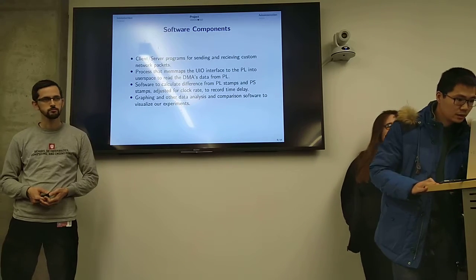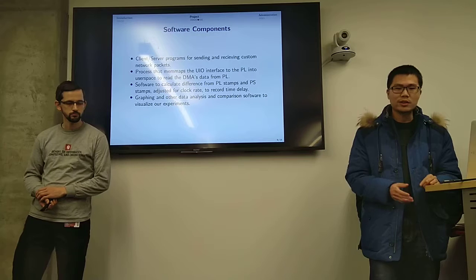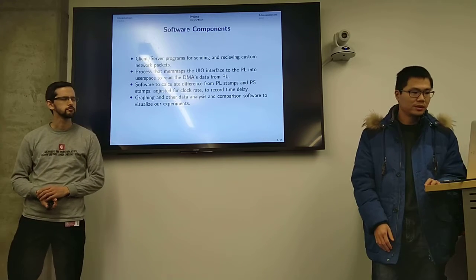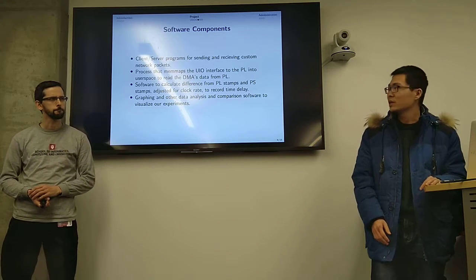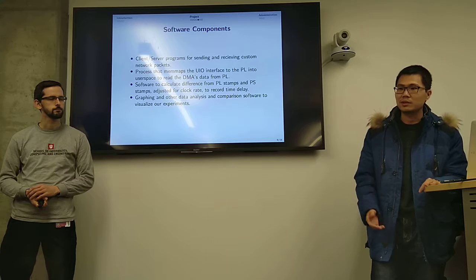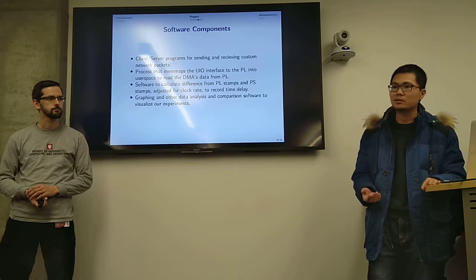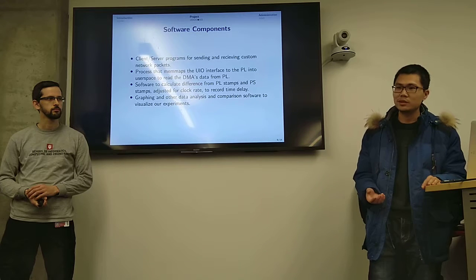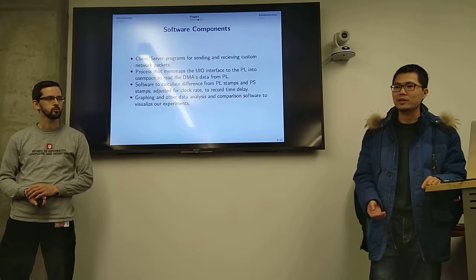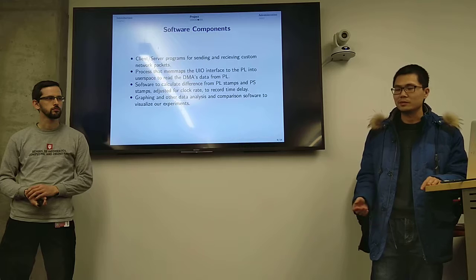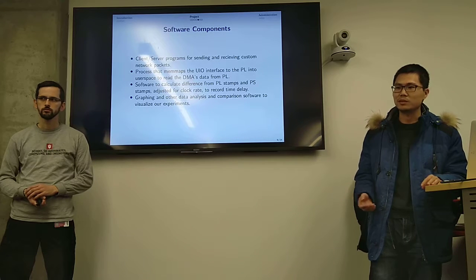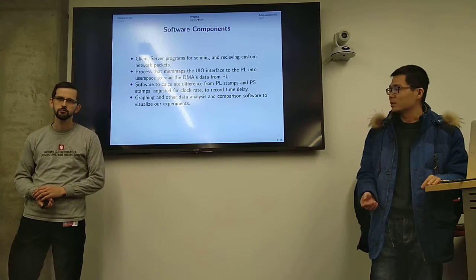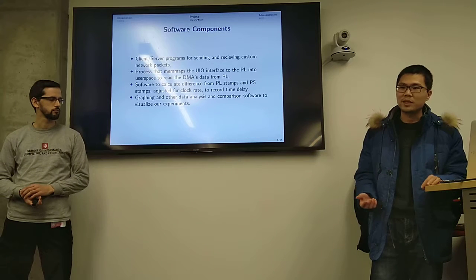Software. In this project specifically, we are going to develop four pieces of software. The first one is a client and server program to generate network traffic. First we are going to try the ICMP protocol, and then we will see whether we can customize it in order to have a better measurement.